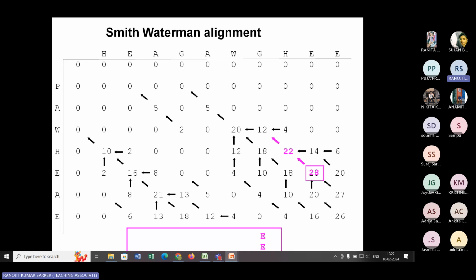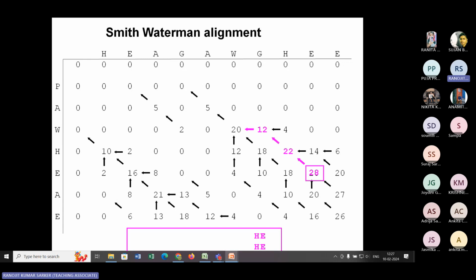And now here we are going to align H by H. This is the cell, right? H by H. Now we are in this path 12. We have come from the last horizontal cell, so as per our rule, we are not going to align these two sequences.